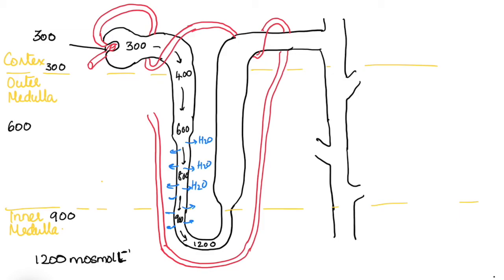Now, this filtrate moves up into the ascending limb. So, the filtrate, which is now highly concentrated, starts moving up into the ascending limb. As it moves in the thick ascending limb, there is active transport of sodium chloride out of the filtrate.